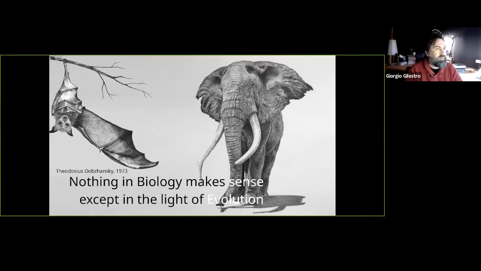Here in these slides, you have two examples of these extremes, a bat on the left and an elephant on the right. Now, elephants are among the animals that are shown to be sleeping the least. They are not the only ones. There are many like elephants, like giraffes and even horses, animals that sleep as little as 2 hours, 1.5 hours a day.